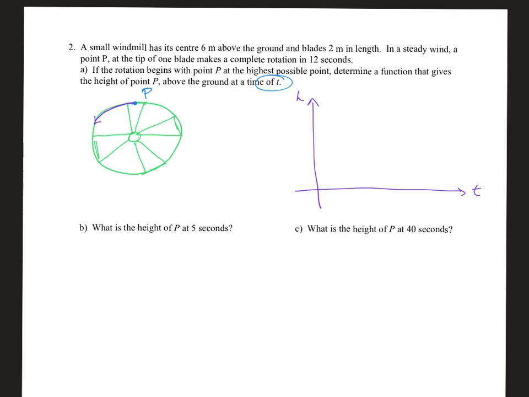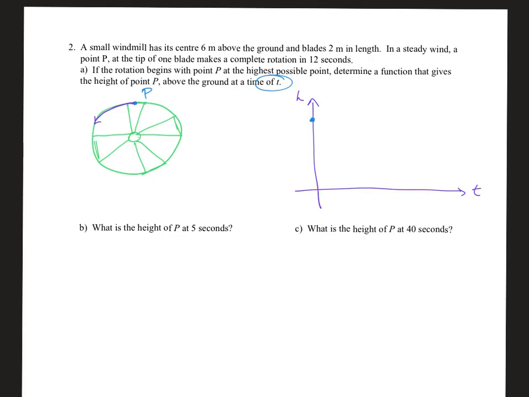So the first thing that's going to happen, point P is going to start at its maximum height. Now, what happens to point P? Well, as P starts to rotate, notice that in this first part of the rotation, we have all of this horizontal distance that has to happen.